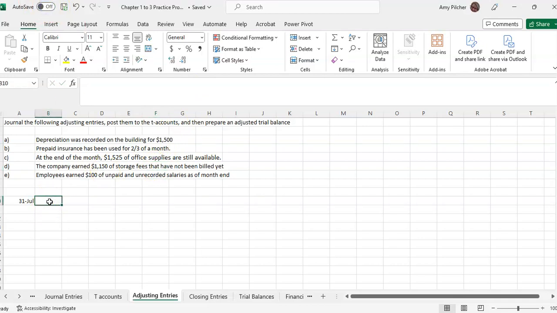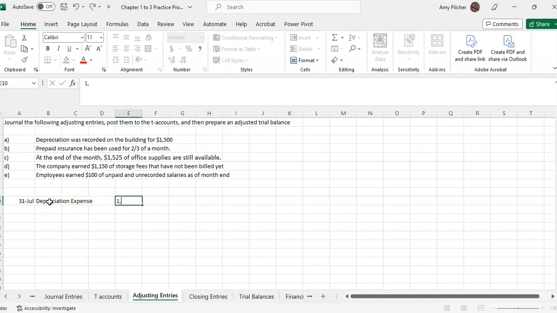Okay, so we are going to record depreciation expense of 1,500. And then remember that adjusting entries never involve cash. So here we have accumulated depreciation building for 1,500.